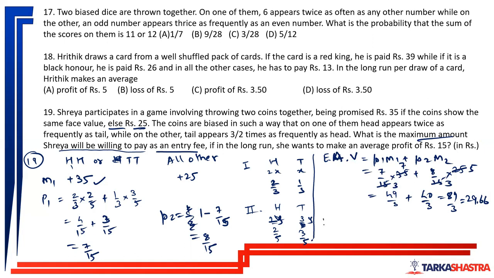Now, her profit will be the expected average value from every throw minus the entry fee. She wants to make a profit of 15. The expected average value is 29.66. So what should her entry fee be?